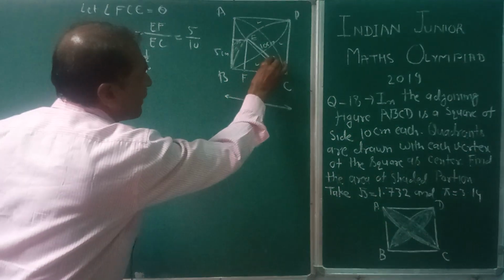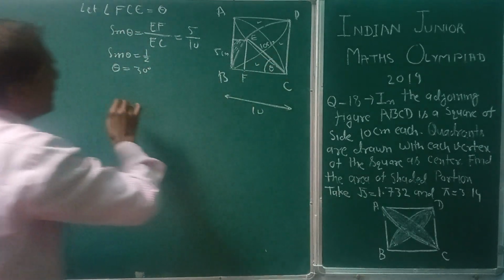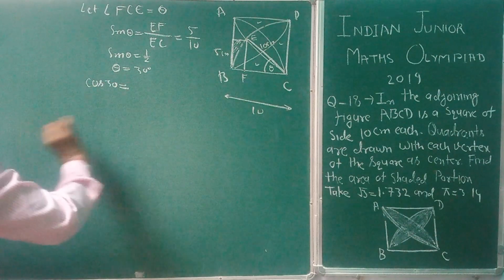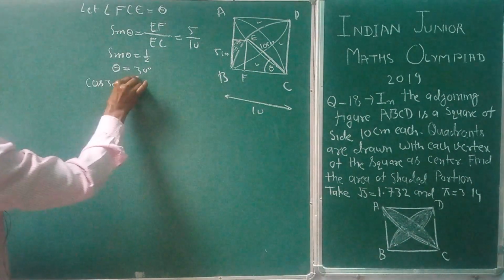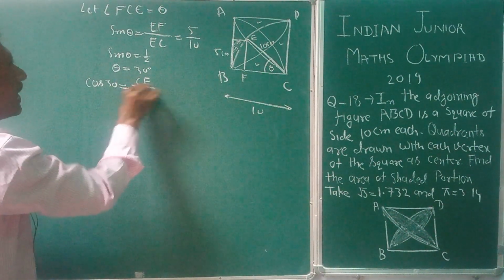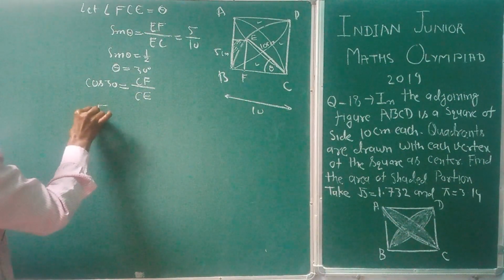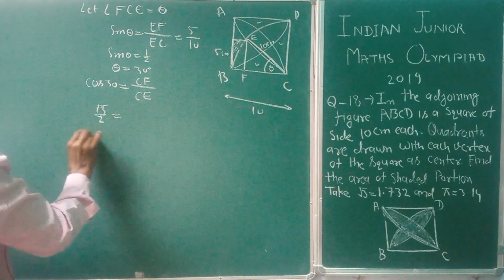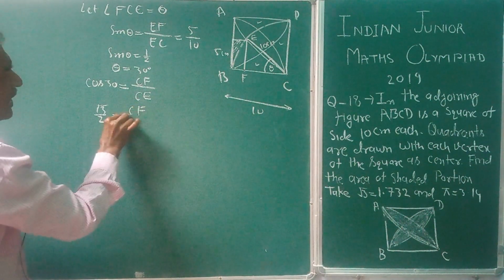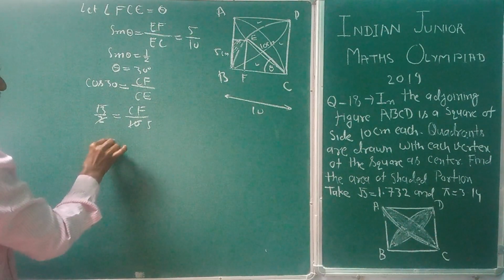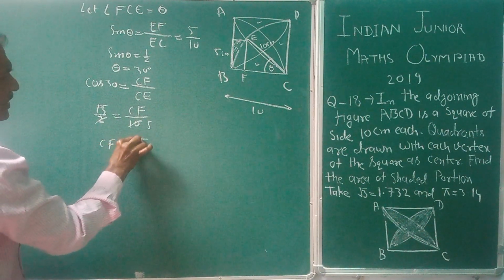Now this angle we have calculated, this angle is 30 degree. If we calculate cos 30 in that triangle, cos 30 will be base CF upon hypotenuse CE. Cos 30 is root 3 upon 2 equals CF upon 10. We cancel it 5 times, so CF is 5 root 3.